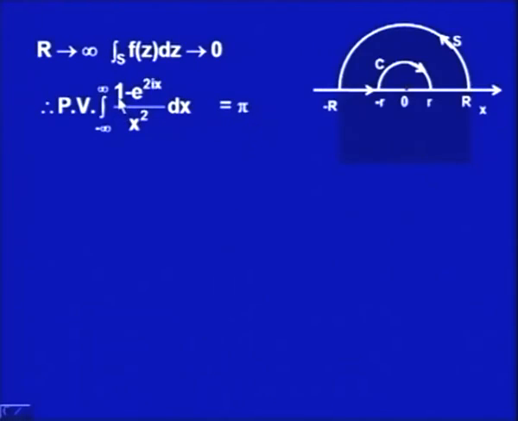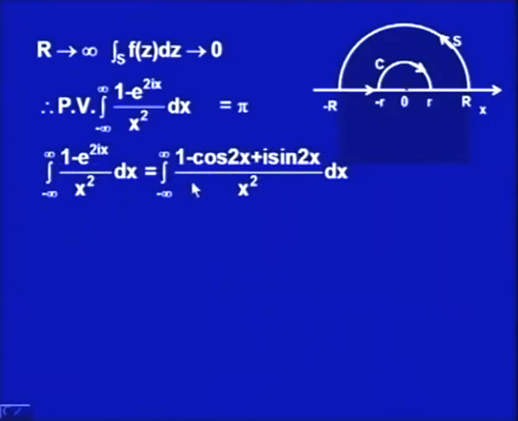Now, this left hand side, if I write e to the power 2ix as cos 2x plus i sin 2x, I would get the integral from minus infinity to plus infinity of (1 minus cos 2x minus i sin 2x) upon x square dx. Now, it has one real part, another is the complex part. We are interested in the real part. So the integral from minus infinity to plus infinity of (1 minus cos 2x) upon x square would be pi.